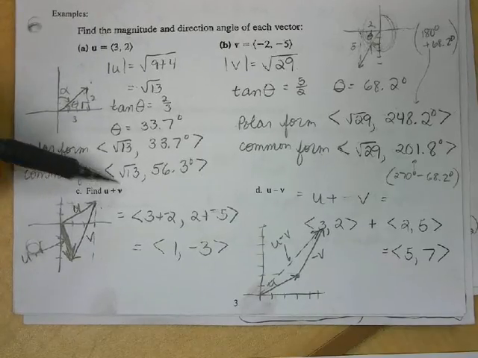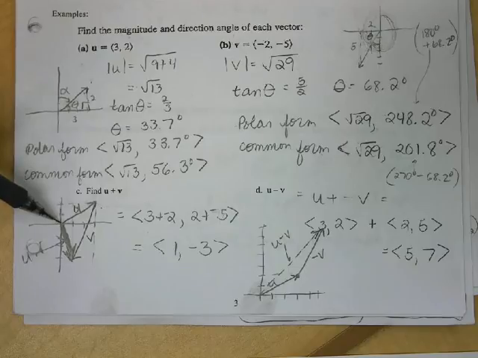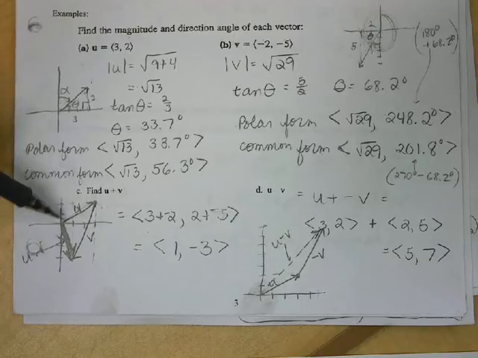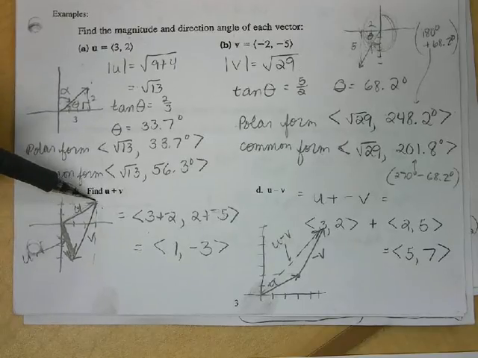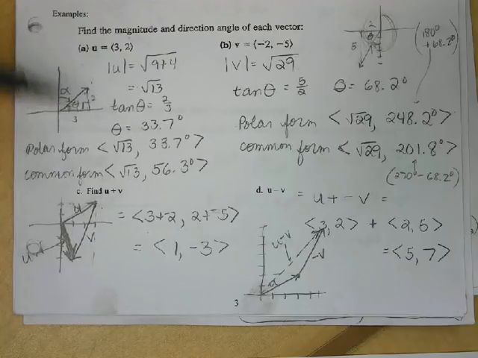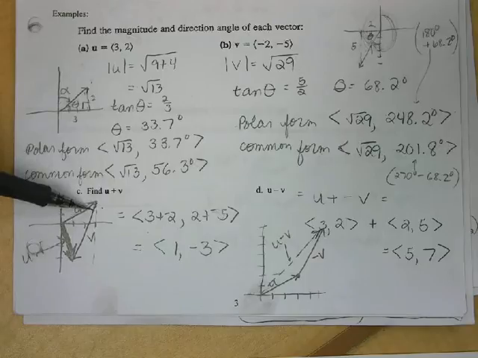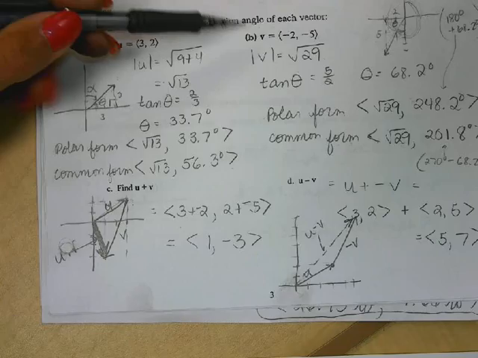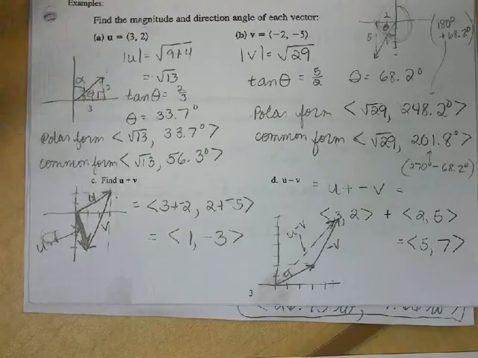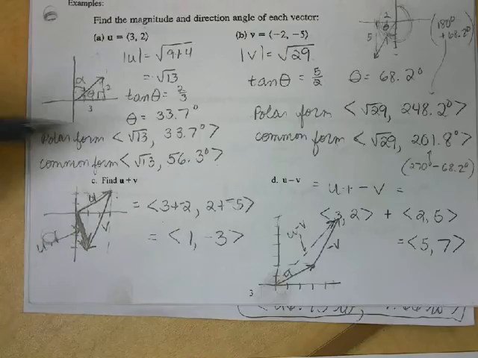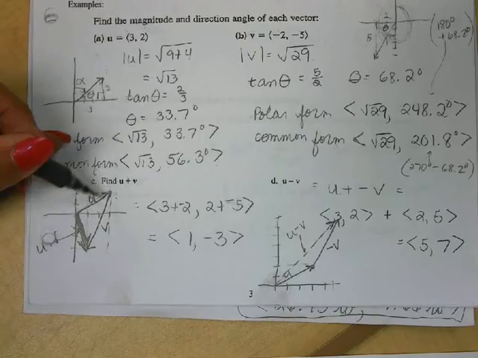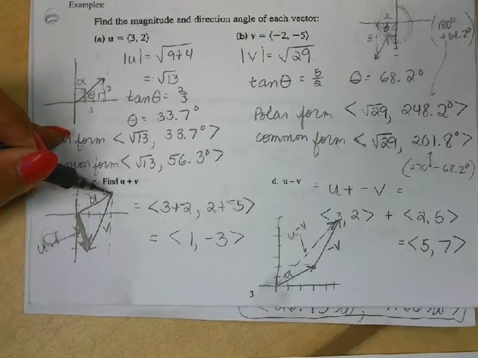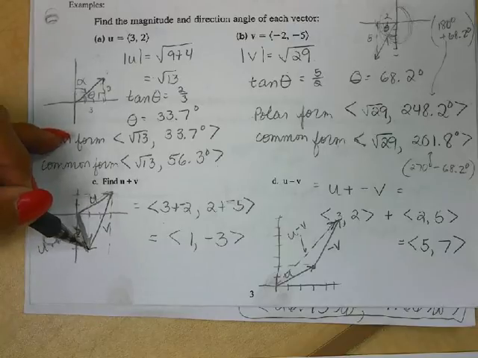Now, I gave a little example down here on the bottom. If I had my vectors u and v and wanted to add u plus v together, I started out graphing u, which was over 3 and up 2 from the previous example. Then when I add v to that, from the head of this vector, that's my new reference or new initial point, and I need to move -2, -5.